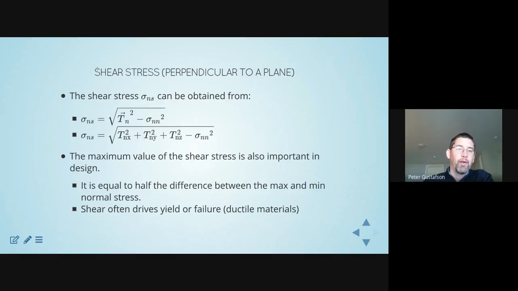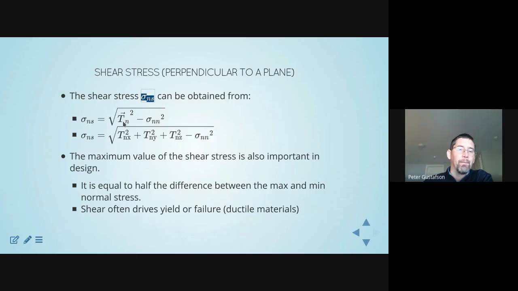Now, since we've computed the normal stress component, we also would like to compute the shear stress component. We're going to call that stress component σ_ns.